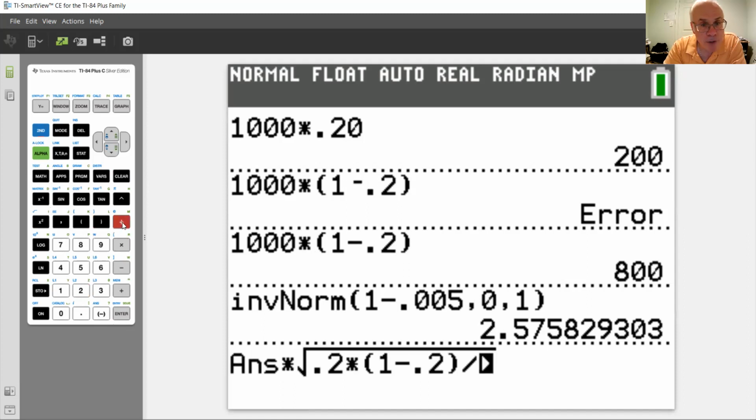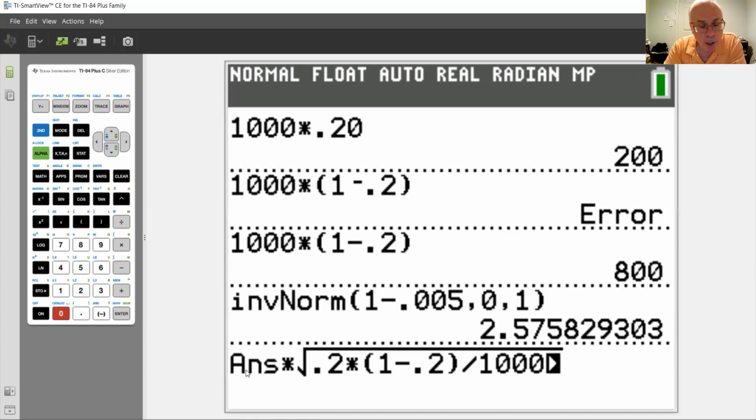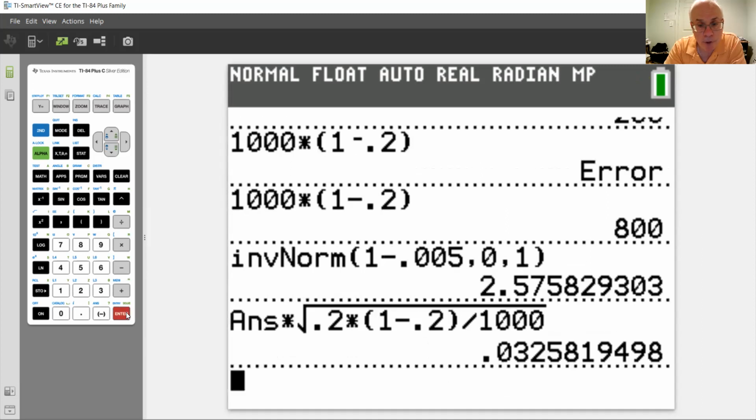And then we're going to divide by the sample size, 1,000. All right. Now, this whole term, z times this standard error, is going to give us our margin of error. Here's our margin of error. Once again, I'm going to store that in A.